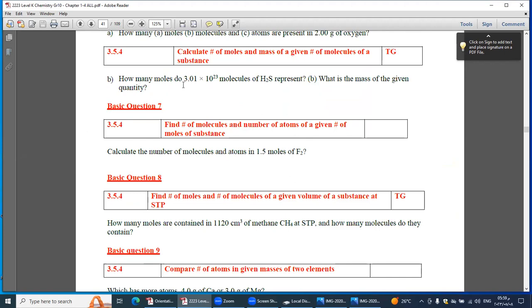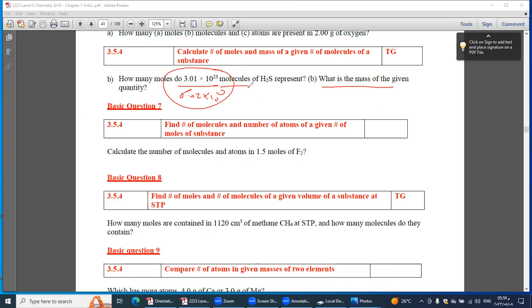How many moles are in 3.01 times 10 power 23 molecules? Number of moles is equal to number of molecules over Avogadro's number. So the number of molecules over 6.02 times 10 power 23 gives 0.5 moles. What is the mass?